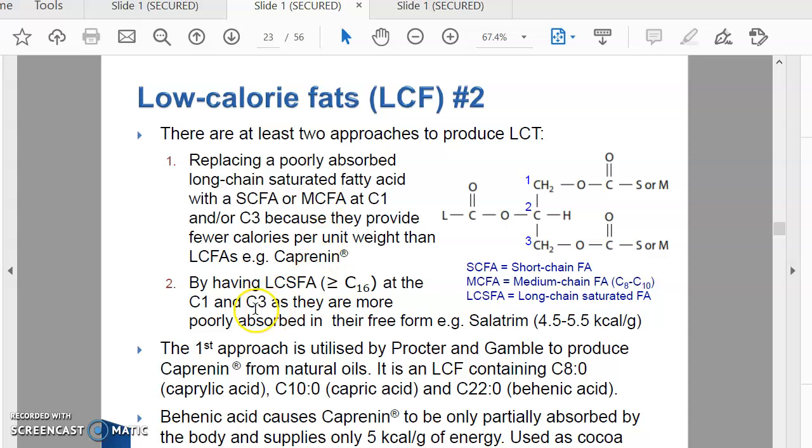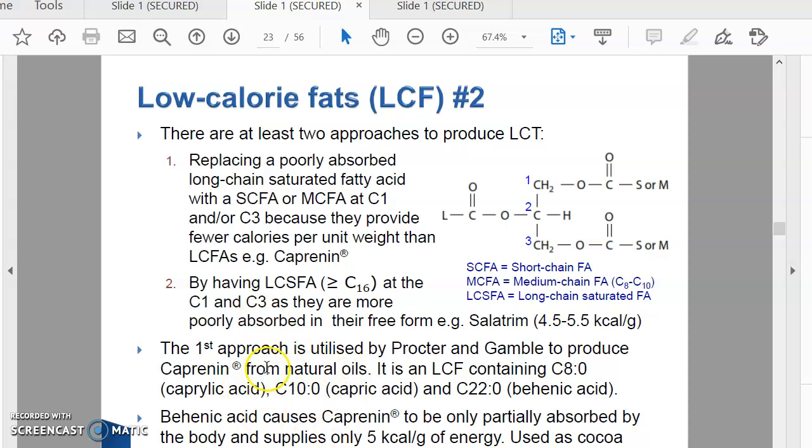The second approach is that at carbon 1 and carbon 3, you replace the long chain with short chain, or you replace the first chain and the third chain with a long chain saturated fatty acid, which is poorly absorbed. So with both approaches you can reduce the calories. The first because there are fewer calories in the short chain, the second because it is poorly absorbed.